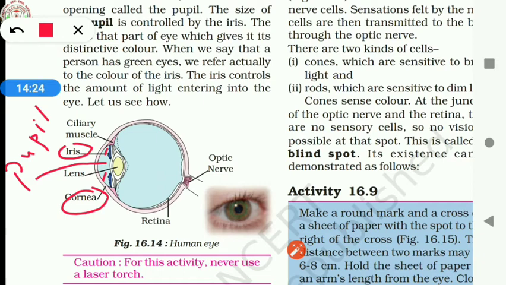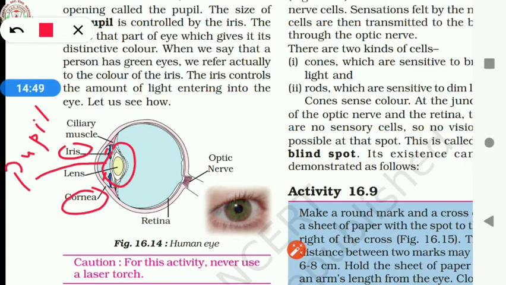Behind the pupil of the eye is a lens which is thicker in the center. This is called the eye lens. Do you know what kind of lens is thicker at the center? Yes, it is a convex lens, thicker in the middle and thinner at the ends.